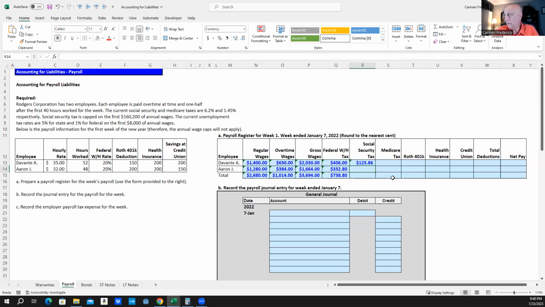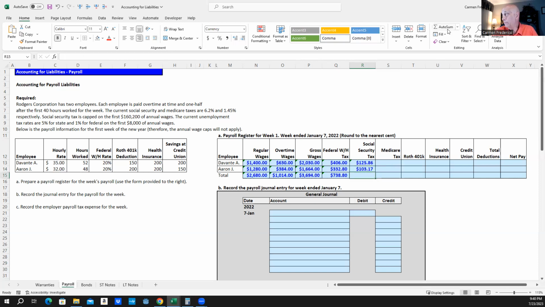Let's take Aaron's gross wages of $1,664 times 0.062. You'll see it's 103.168. Payroll doesn't happen like that, so it's rounded to $103.17. You round it back to 2 decimals.